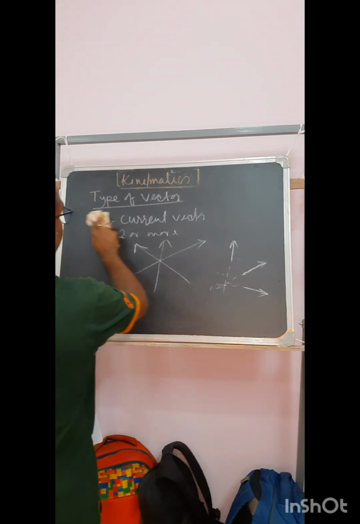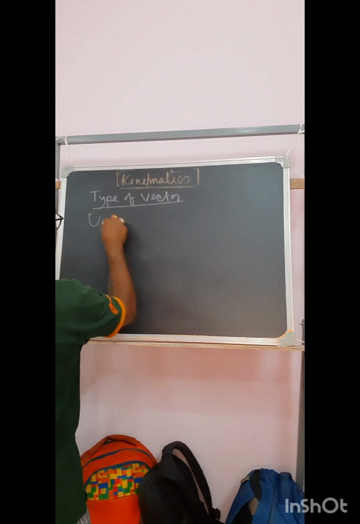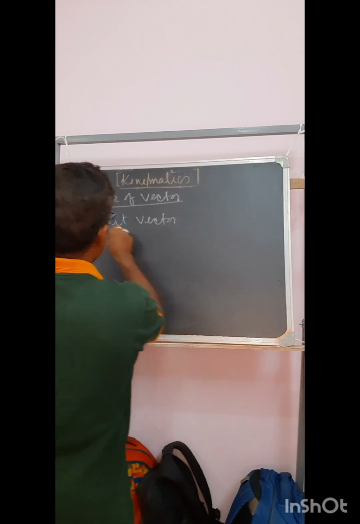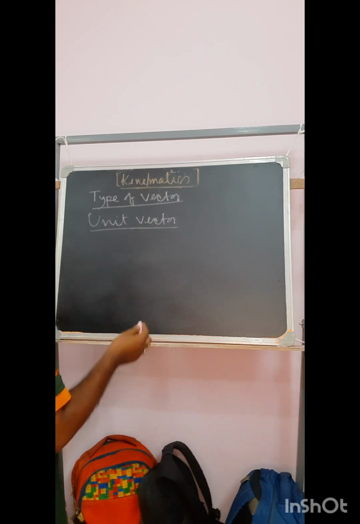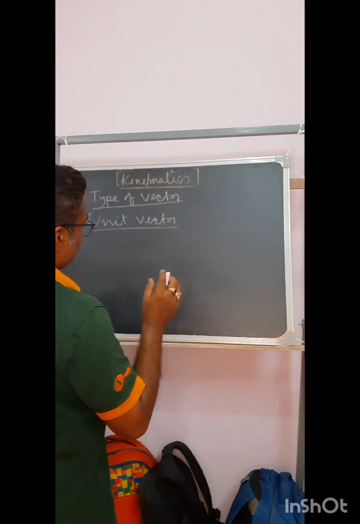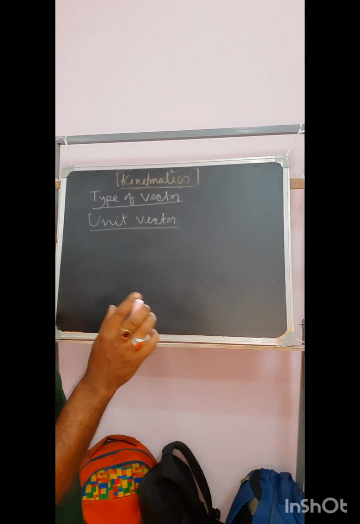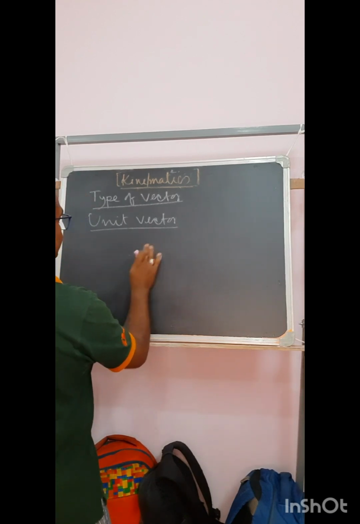Next come the unit vectors. A unit vector is the vector which, when multiplied by any numeric quantity, will turn it into a vector.